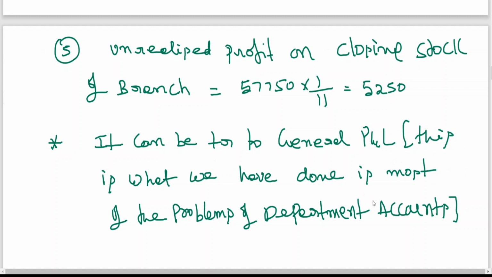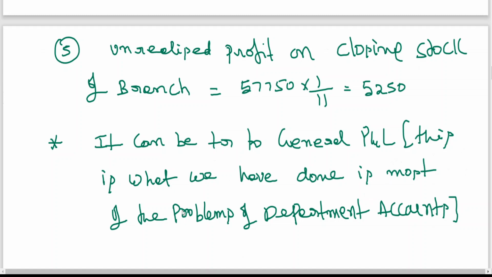Similarly, to calculate the correct net profit, instead of waiting and transferring to general P&L account, it can be adjusted from the concerned sender profit. Concerned sender profit is nothing but head office gross profit. How can you deduct it? By debiting P&L account, automatically you can get the correct net profit.